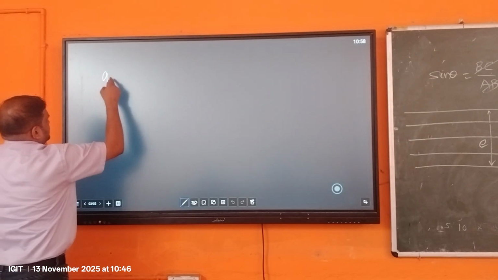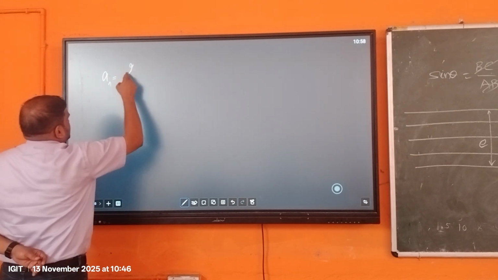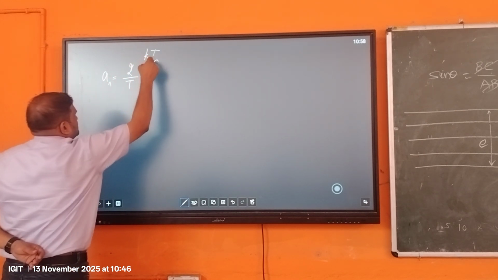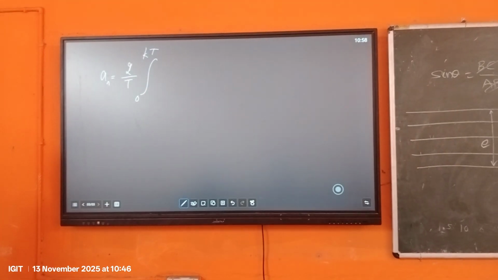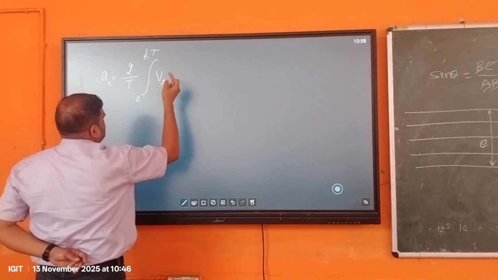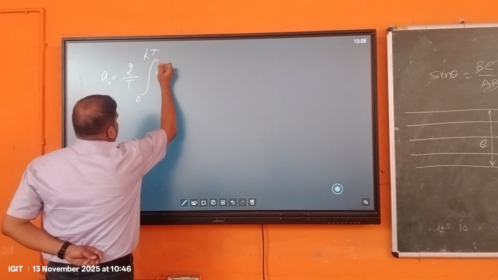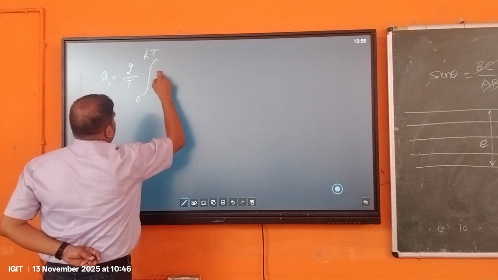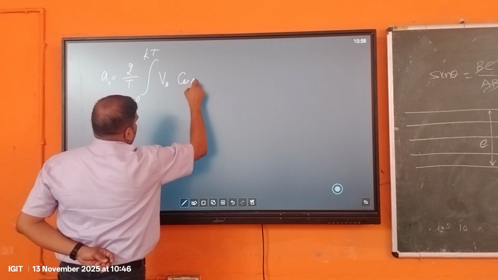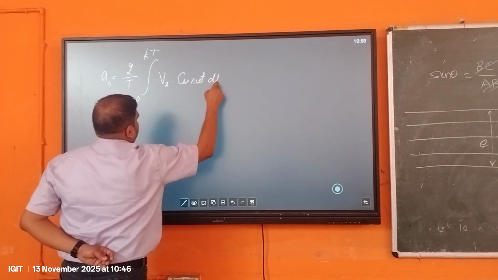Okay, let us say an is equal to 2 by T integration of 0 to let us say kT, because after kT it is 0. And what is the output voltage? Vs. And after that, cos of n omega T dt.